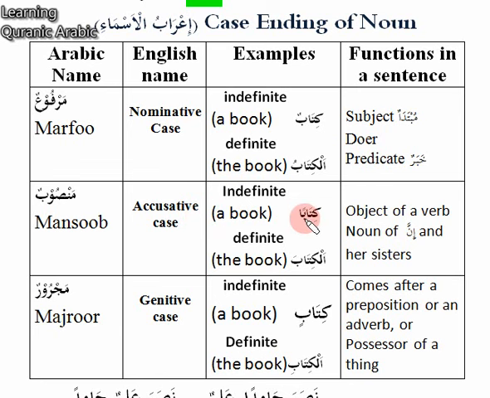When the noun has double fatha, or we can call it tanween fatha, two fathas at the end, or it may have one fatha if it is definite, then the noun is mansub. When can the noun be mansub? When it is object of the verb, or if our noun is the noun of inna and her sisters.